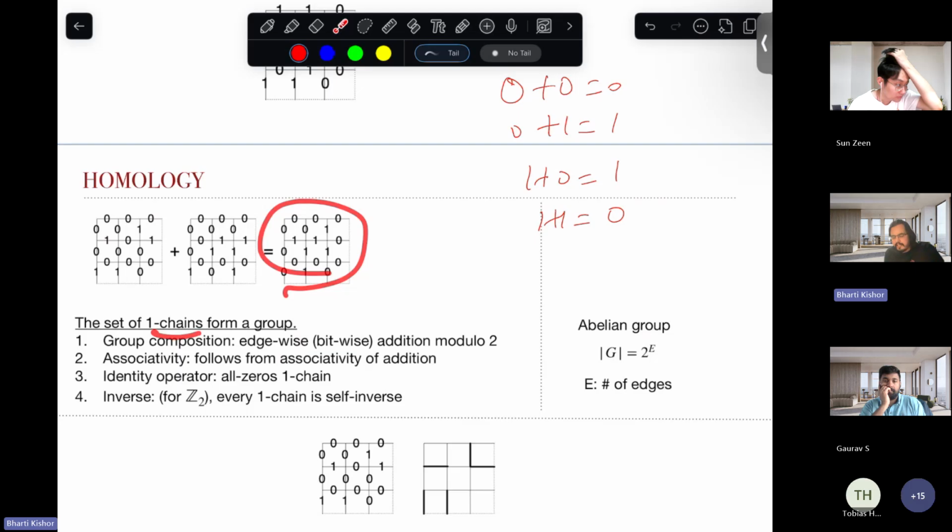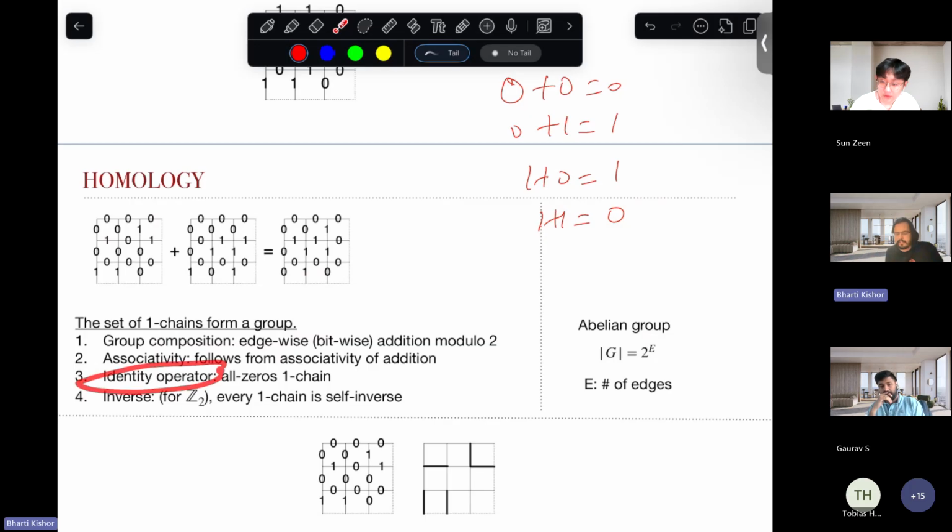So the set of 1-chains forms a group. Edge-wise, you can do addition modulo 2, and that will be a valid 1-chain. It also follows associativity: I add one 1-chain with another 1-chain, and then I add the third 1-chain. I could have very well done something else also, like adding the second and third and then the first.